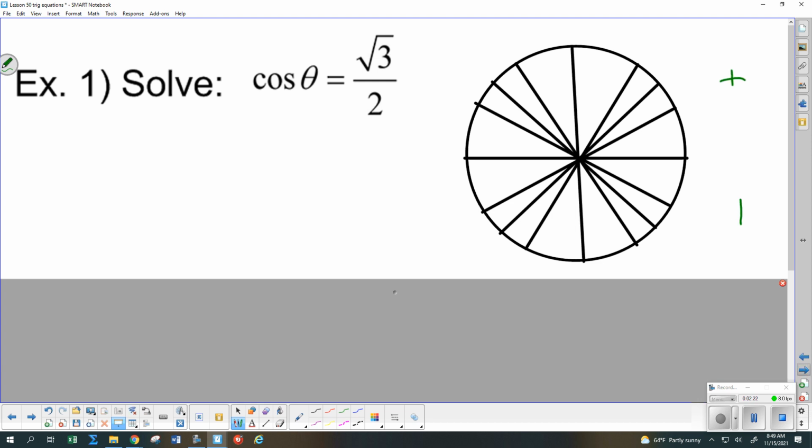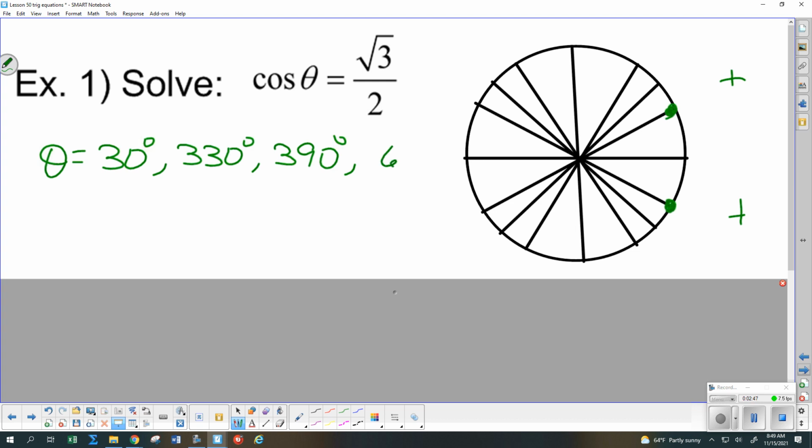So that means these two, first and fourth quadrant. √3/2 is getting pretty far over here, so it's those two places on the unit circle. So I could say, oh, that means 30 degrees, that means 330 degrees, that means 390 degrees, that means 690 degrees, if I did that right. And I can keep going around and around.